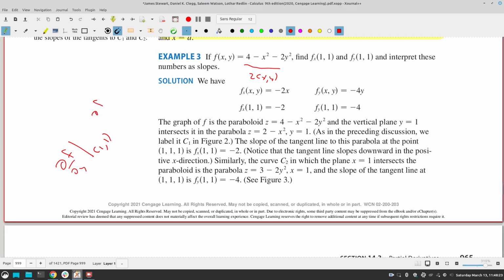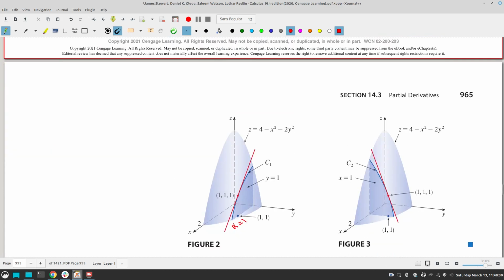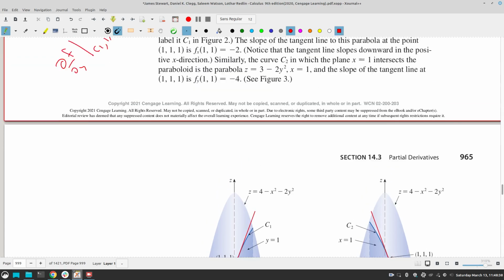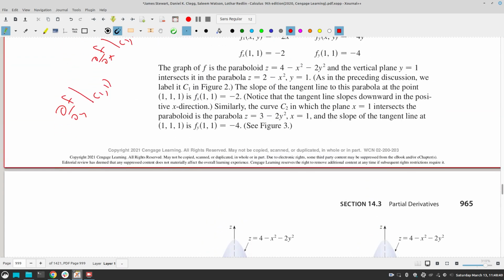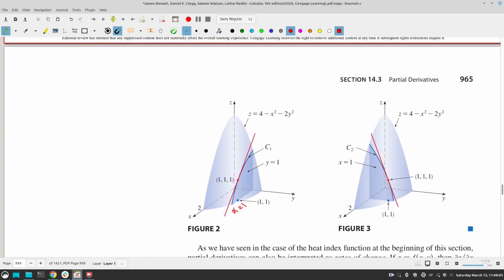Partial f over partial y gives you the slope of the tangent to the curve C1, remember here y is what's varying. So partial f over partial y gives the slope of this tangent, and partial f over partial x gives you the slope of this tangent at (1, 1, 1).